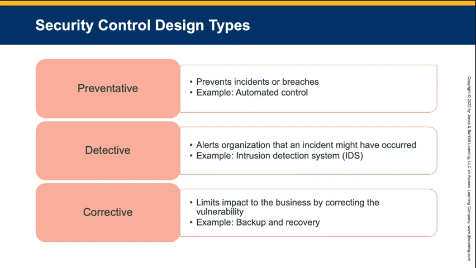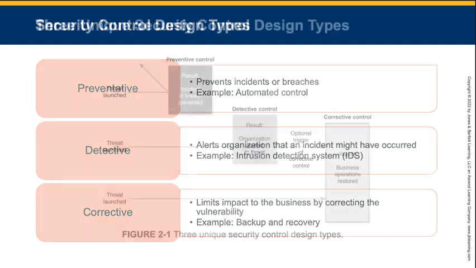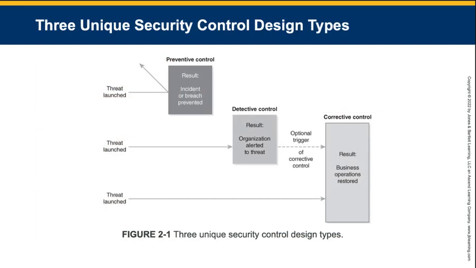Next, we take a look at three unique security control designs. First we have threat launch. This is basically preventive control. When there is a threat, at the top here, we see it's being prevented.